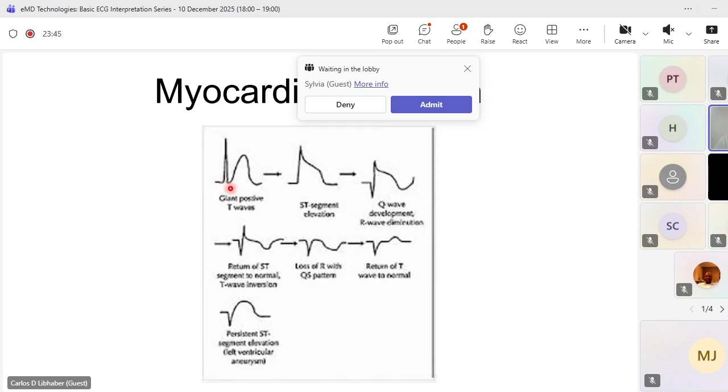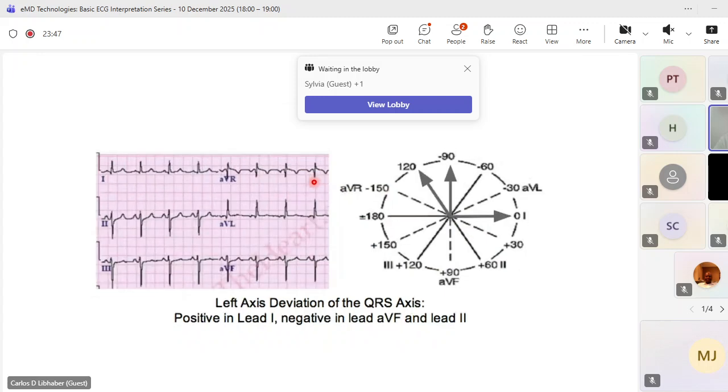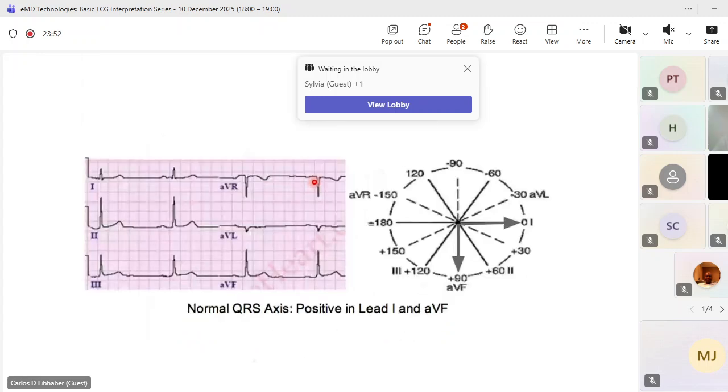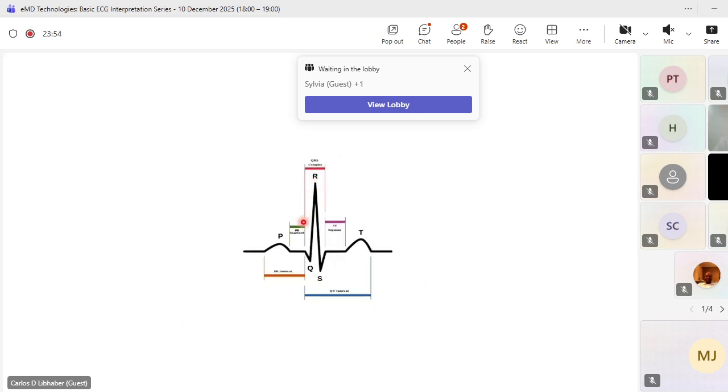Let me go back to this. The Q is the first wave of the QRS. The first positive wave is the R. The first negative wave is the Q. The second negative wave is the S, QRS.